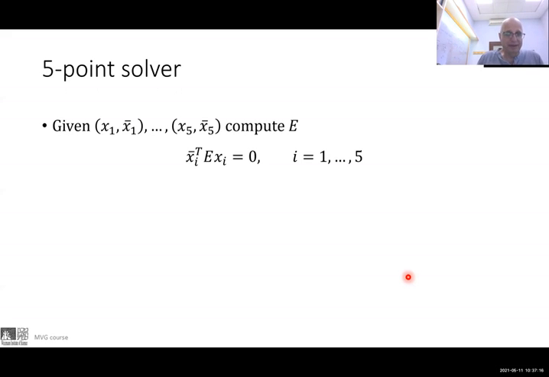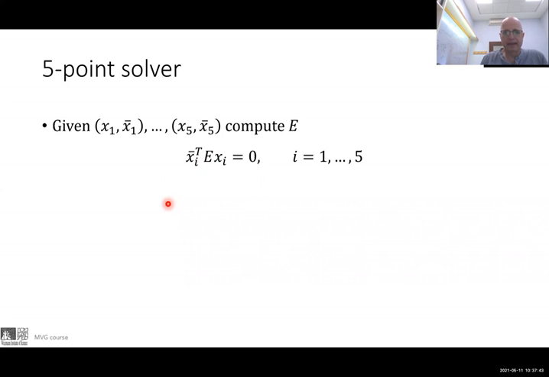Okay, so let's remind ourselves. Given 5 pairs of points, each of them is a point in the projective plane, so homogeneous coordinates, right? We want to solve these epipolar line equations with the essential matrix as the unknowns.